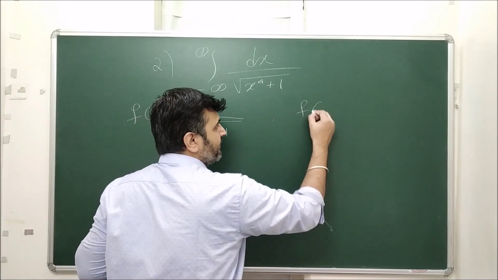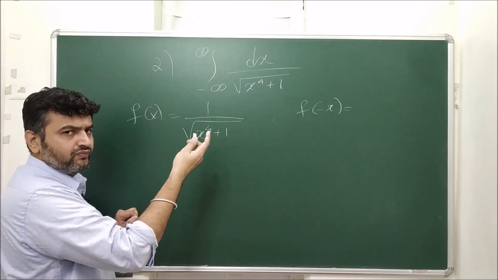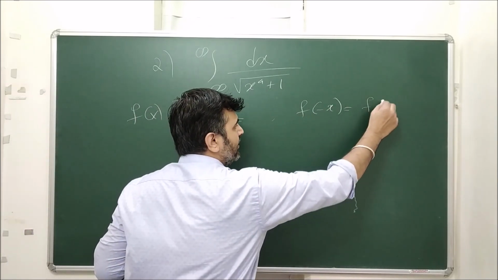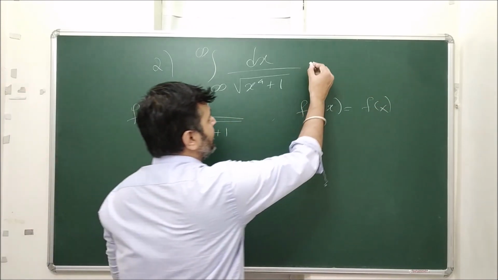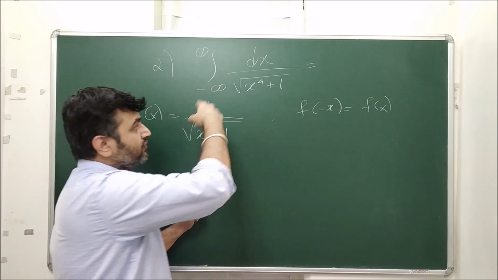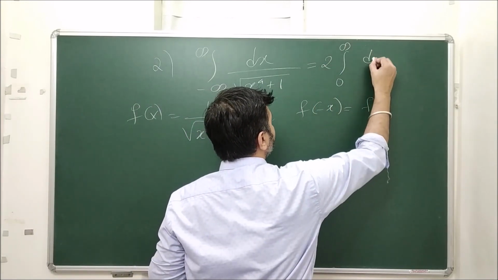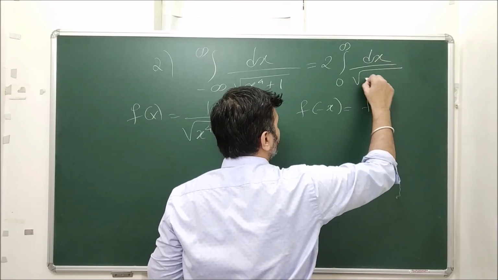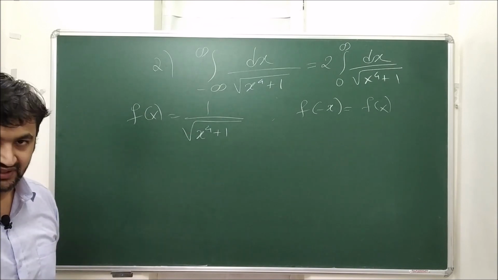And what will be your f of minus x? 1 upon root of minus x raised to 4, which is again x raised to 4, right? So your function is an even function. So whenever your function is even, and you have minus a to a, this will be 2 times the integral 0 to infinity dx upon root of x raised to 4 plus 1. That's just one observation one can see.